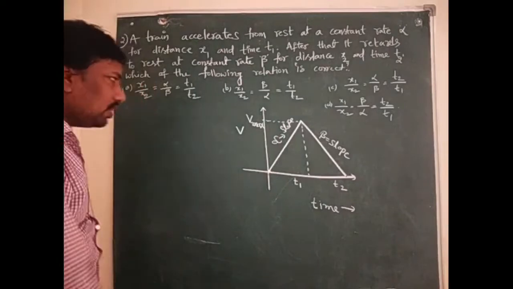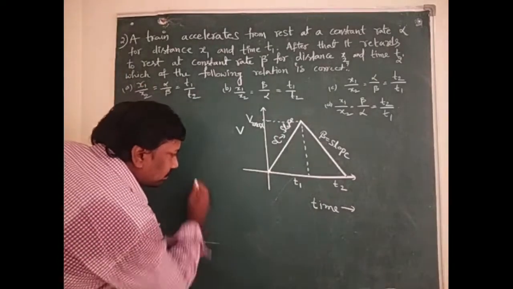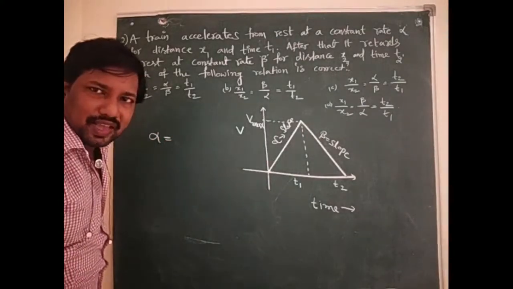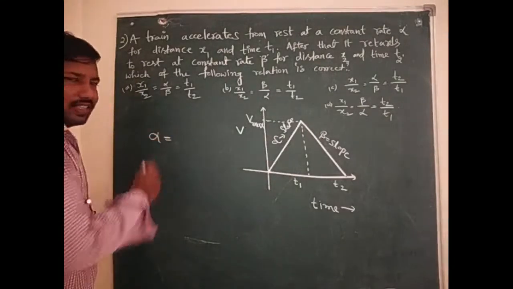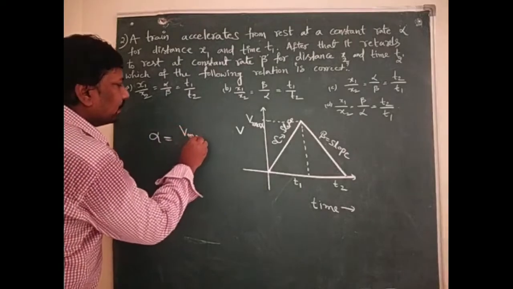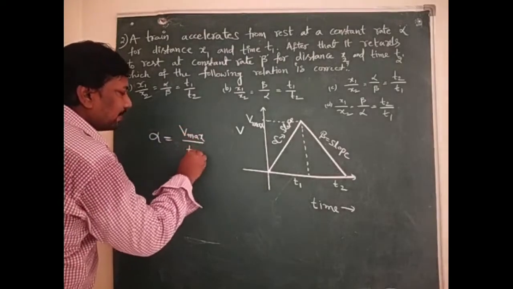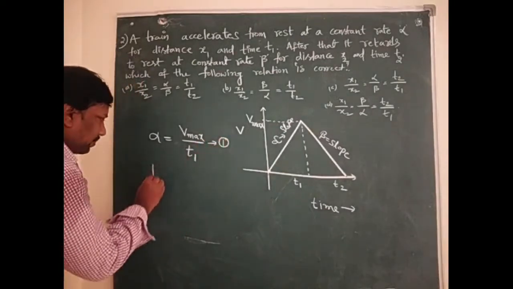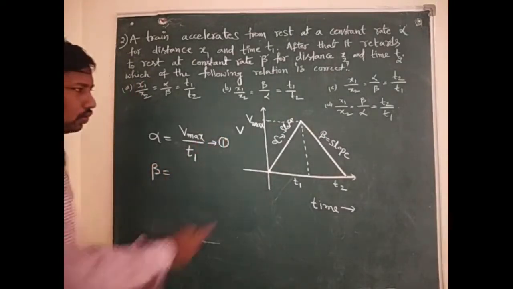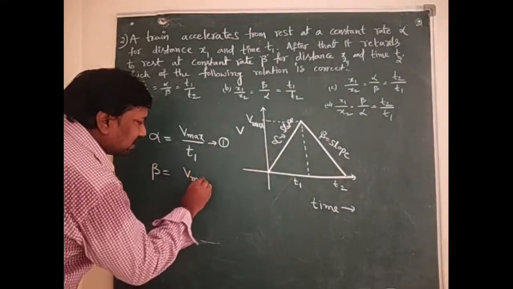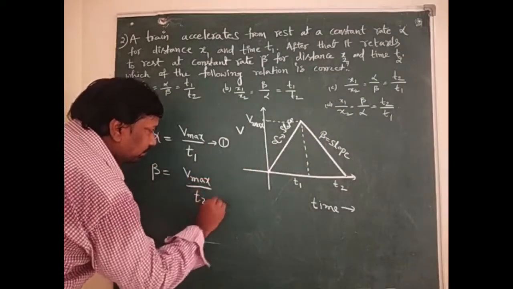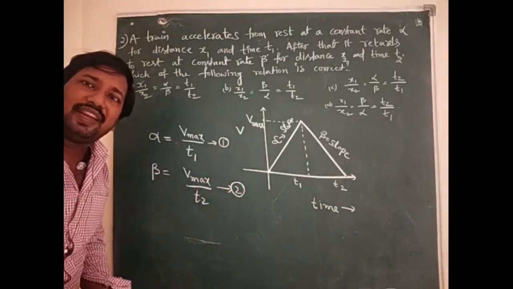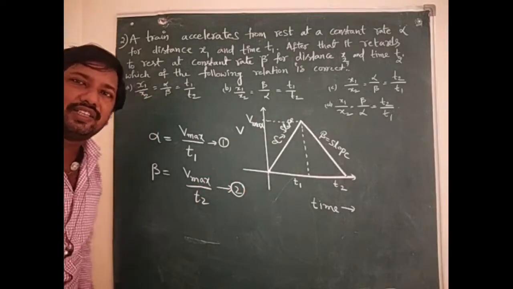So in this situation, alpha means acceleration equals velocity by time, that is V maximum by t1. This is equation number 1. At the same time, slope beta equals V maximum by t2. This is equation number 2. The slope of the V-t graph gives acceleration.